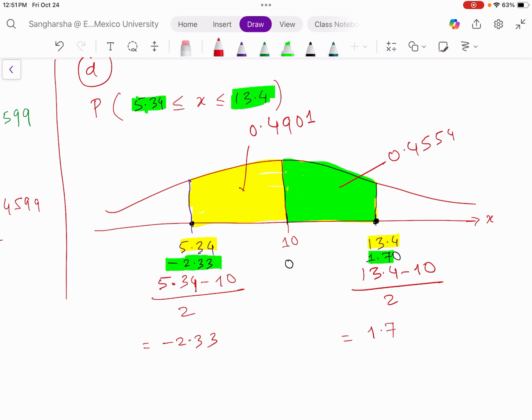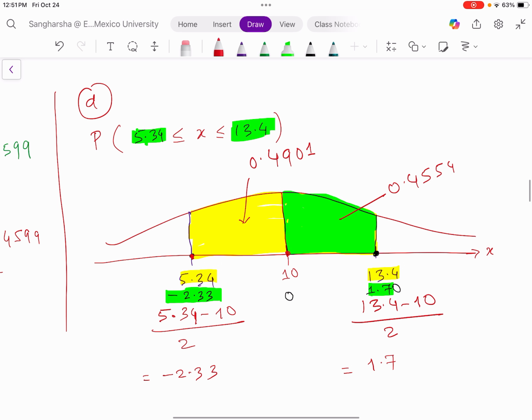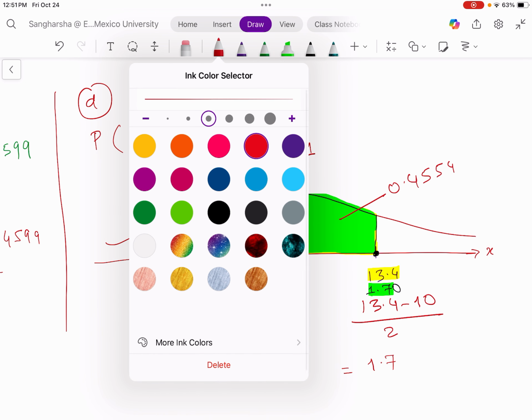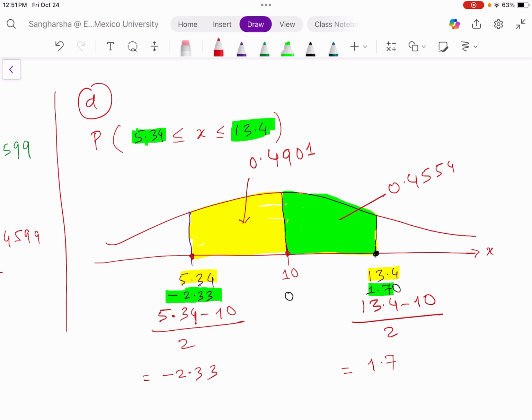So this is 0.4901. Okay, so this yellow region is from negative 2.33 to 0. Now the probability that our x takes a value between 5.34 and 13.4 is the sum of these two areas: the area of the yellow region, which is 0.4901, and the area of the green region, which is 0.4554.